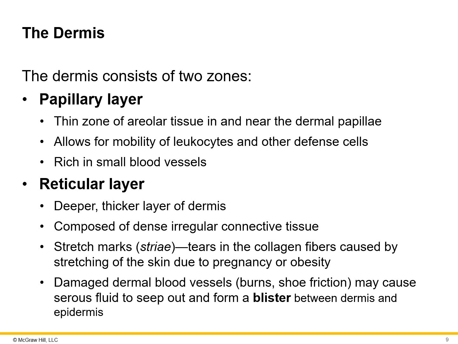That space allows for storage of nutrients and water. It also allows for the mobility of leukocytes, which are white blood cells, and other defensive cells to go into the area if there is some kind of infection or that first line of defense is breached. That layer is also going to be rich in small blood vessels.